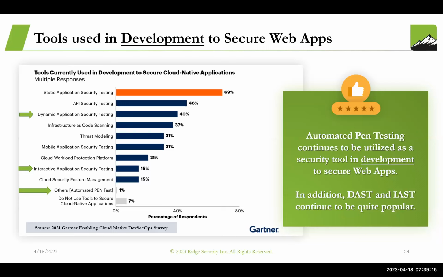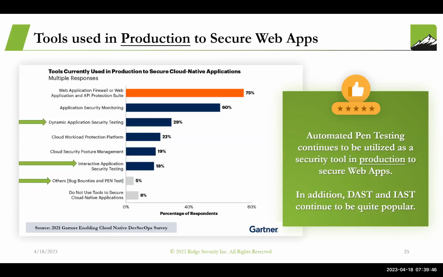Given that this survey is from 2021, if a similar survey were to be taken today, the numbers likely would be more in favor of this. Again, I want to point out that Ridgebot is a great fit for the 3 categories that are marked by the green arrows: DAST, IAST, and also the others category, automated pen test. So Ridgebot is a good security tool to use during the development cycle.